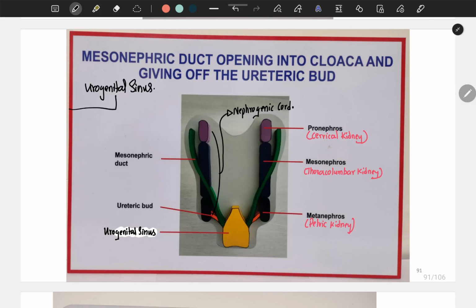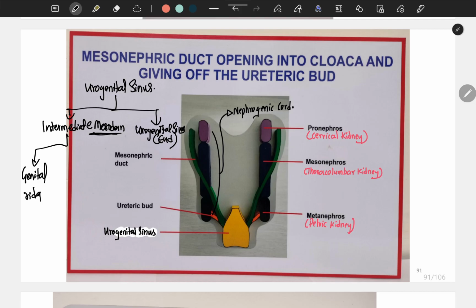Okay, it gives two parts. One is intermediate mesoderm. Another is urogenital sinus, which is endoderm. Okay, this is mesoderm. This gives again two, that is genital ridge and nephrogenic cord.